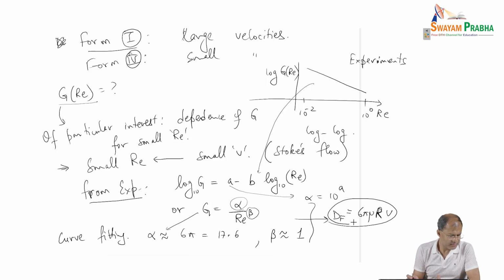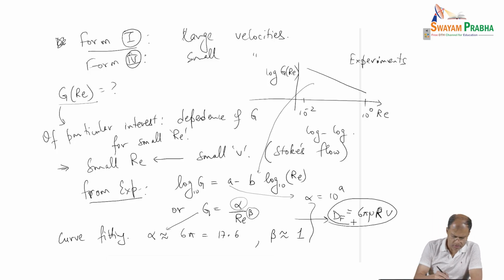The question people typically ask is, how do we know that the drag depends on the radius, the viscosity, the density and the velocity? Why not other parameters like temperature and so on? The answer to this question lies in the fact that we need to have a little bit of understanding of the fluid mechanics of the problem.